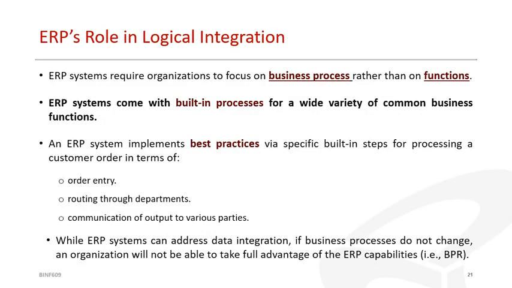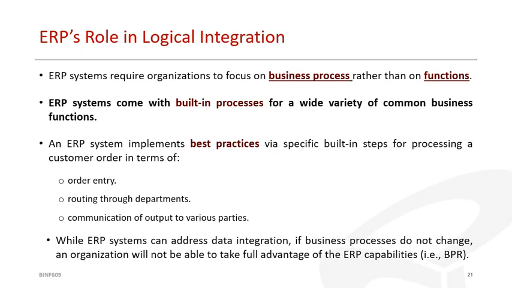ERP systems play a very important role in enabling system integration at different levels of the application architecture. At the logical level, ERP systems require organizations to focus on business processes rather than on functions. ERP systems come with built-in processes for a wide variety of common business functions.